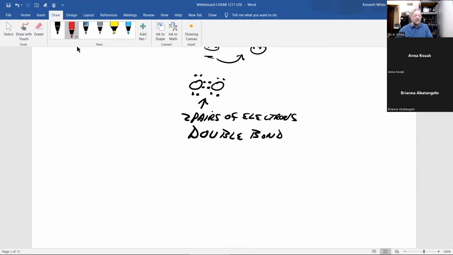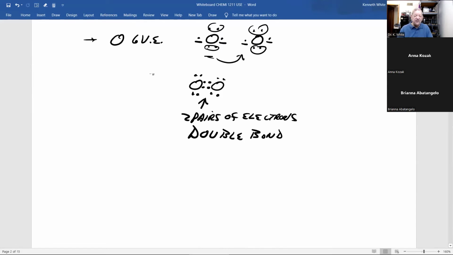I'll do oxygen first, then nitrogen. When you form a molecule, chemical bonds, atoms in that molecule want to have 8 valence electrons. The exception is hydrogen, which is 2. So if we look at this oxygen, bonded and non-bonding electrons, how many electrons do you see? 2, 4, 6, 8.